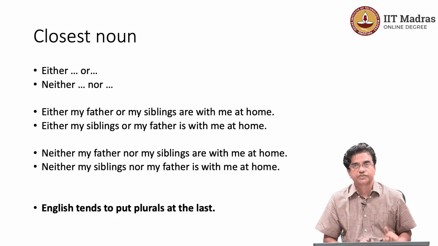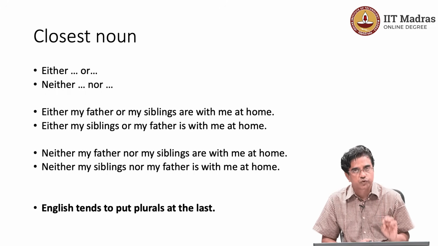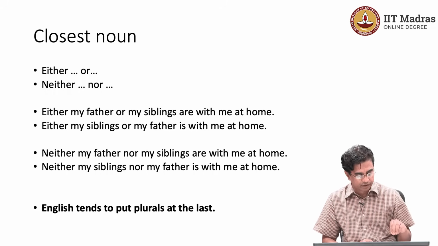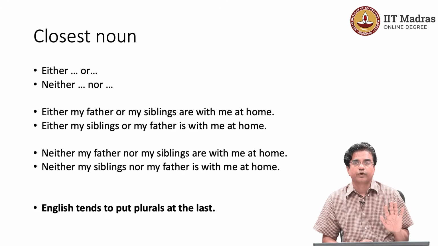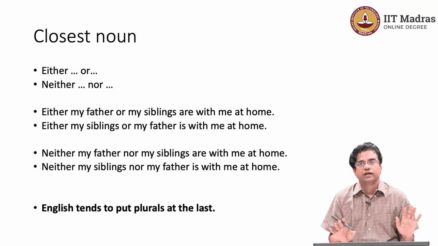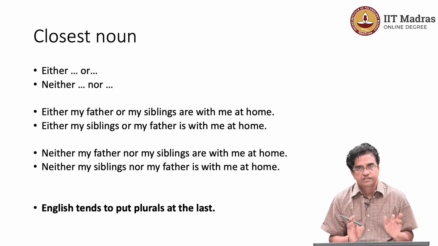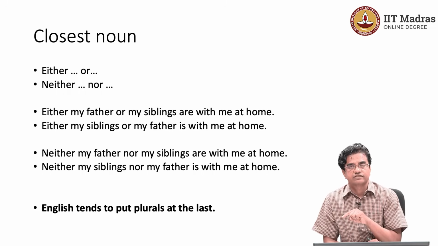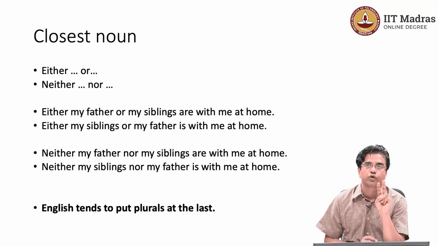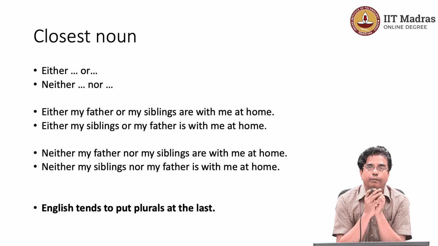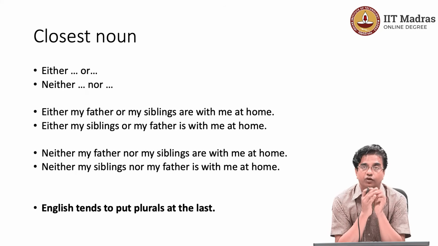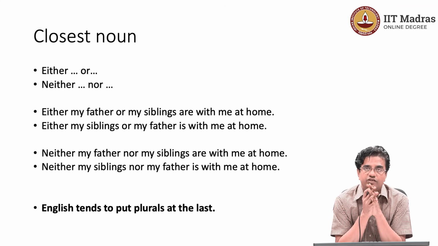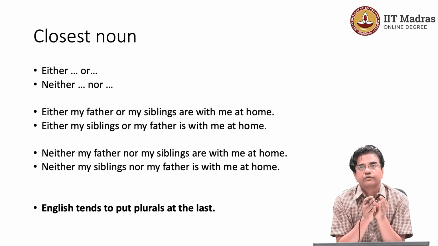But I want to draw your attention to one specific thing. I am giving you this example to make the point, but the crucial thing about either-or, neither-nor, or any of these types of sentences that we need to know is English tends to put plurals at the last. So if there are two nominals coming together in one subject, English opts for plural nouns at the end.